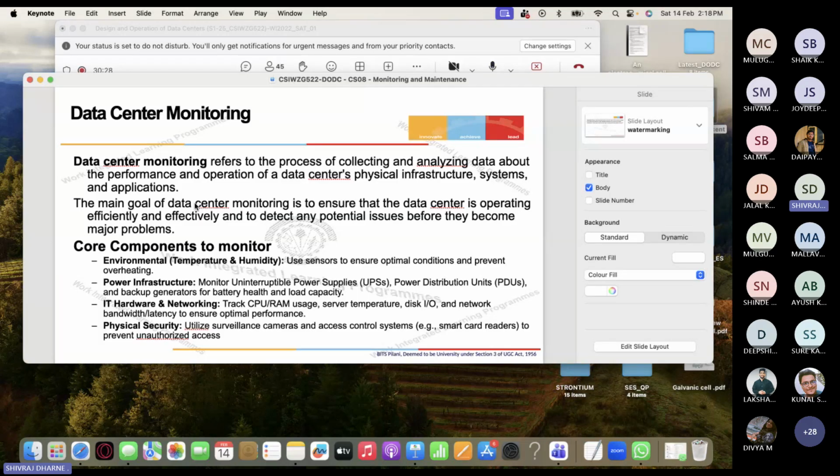We don't want any problems, or if there are, we should check upfront and have a solution ready. So what do we monitor? We monitor the temperature, humidity, environment.